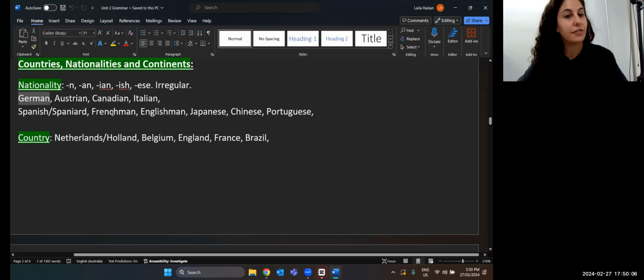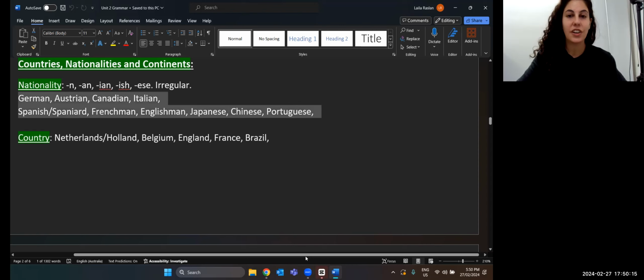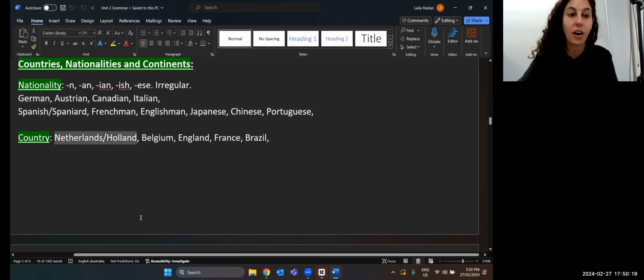I'm French or Frenchman, Englishman, Japanese, Chinese, Portuguese. Okay, so these were the nationalities. And the countries that I mentioned before, Holland and Netherlands are the same. Belgium, England, France, Brazil.